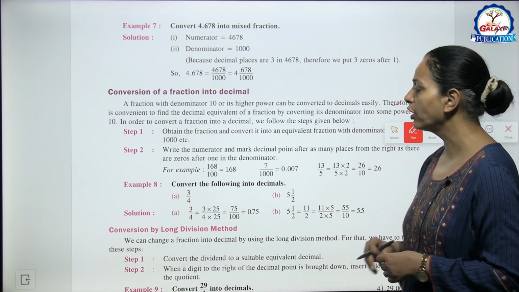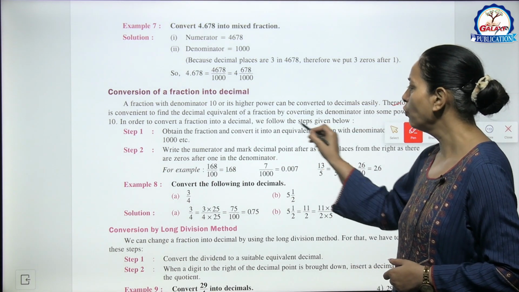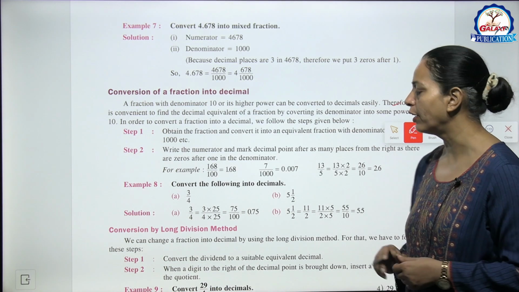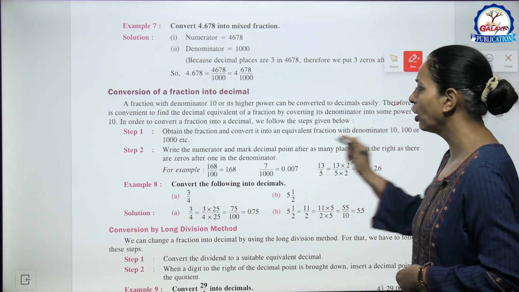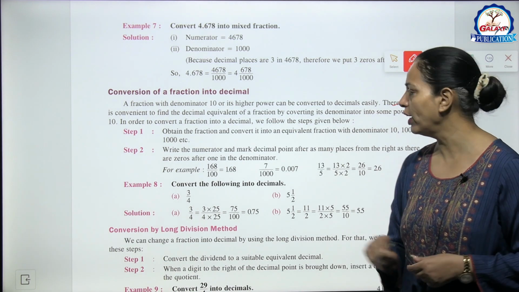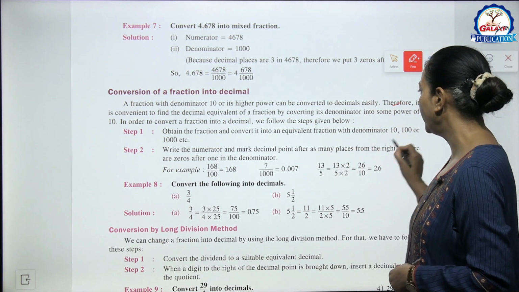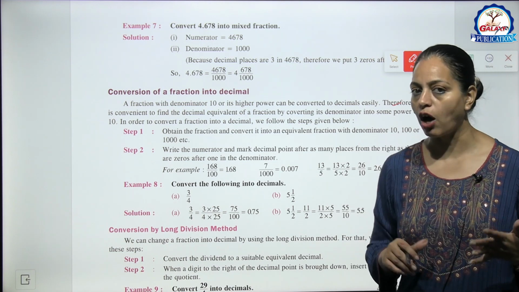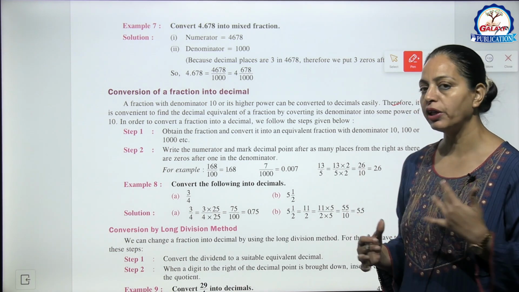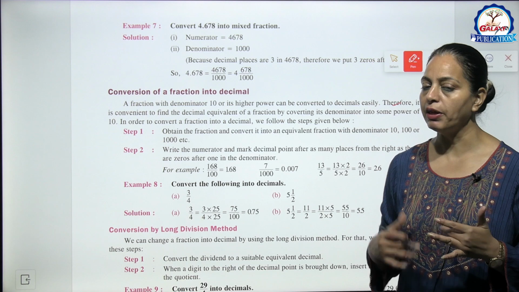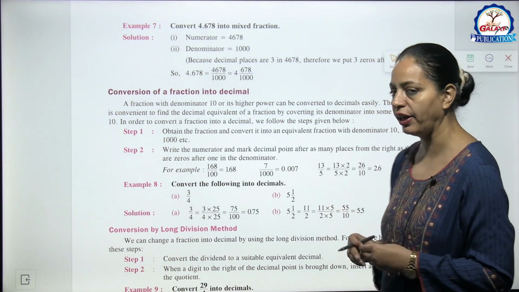In order to convert a fraction into a decimal, we follow these steps. Step 1, obtain the fraction and convert it into an equivalent fraction with denominator 10, 100 or 1000. हम denominator को 10, 100 और 1000 में convert करने की कोशिश करेंगे, right?